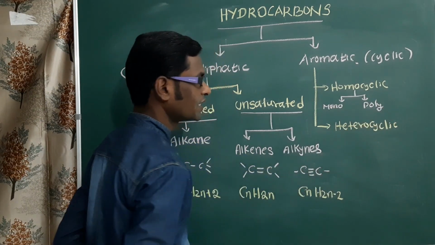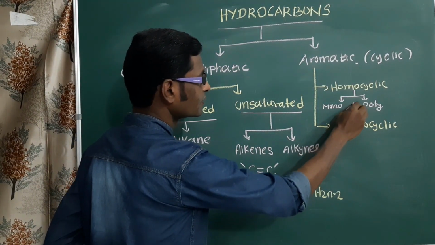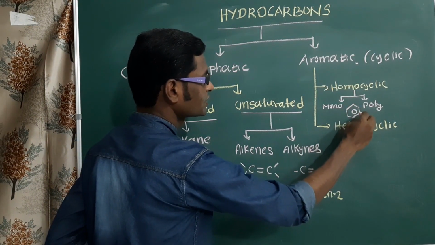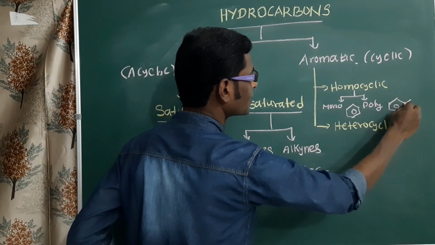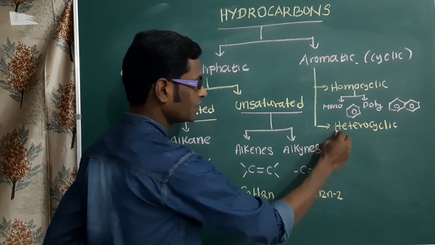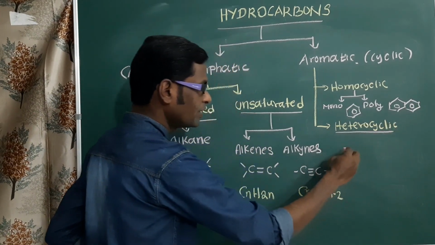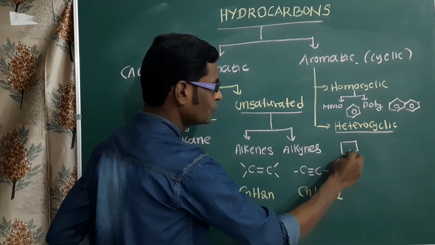Monocyclic contains only one ring, example benzene. Polycyclic, more than one ring, example naphthalene. It contains two benzene rings. Heterocyclic must contain a hetero atom, example furan.